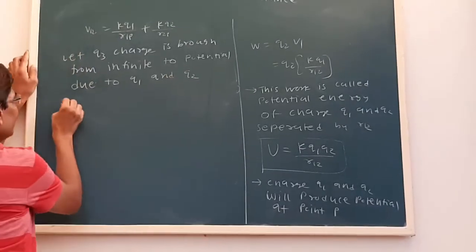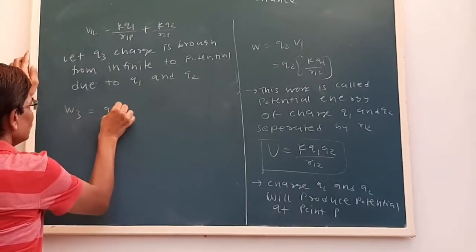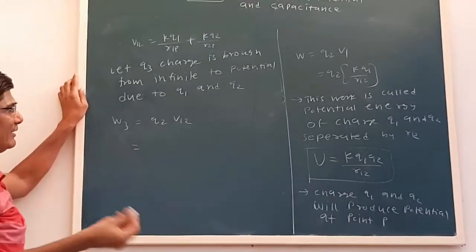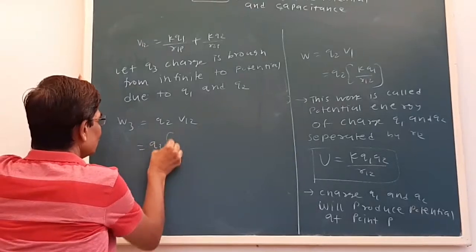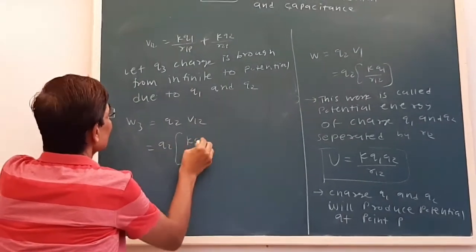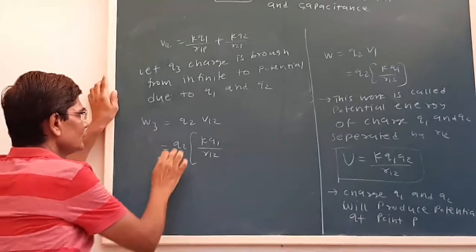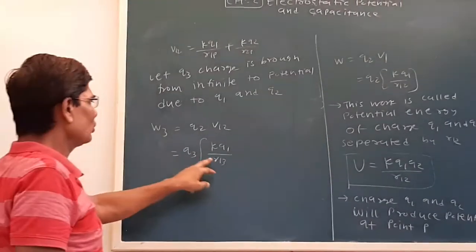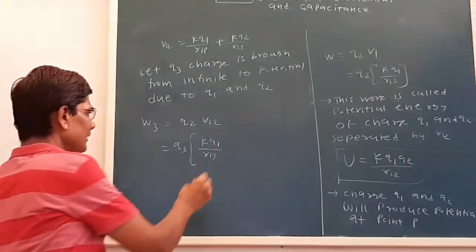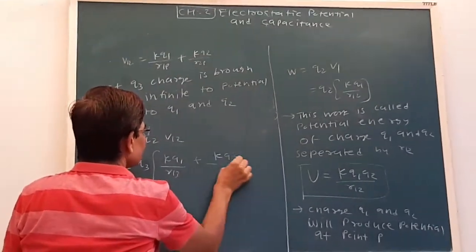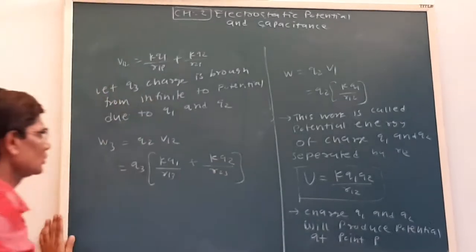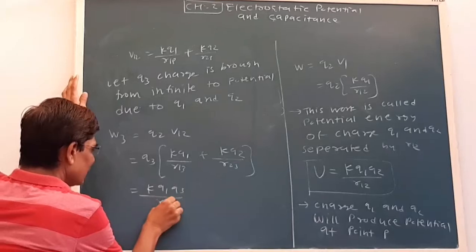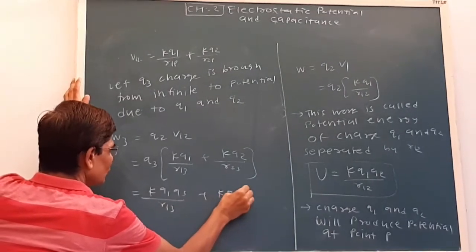Now we call this W3, which is Q3 into V12. Again we can write it in the form of distance: Q3 into KQ1 upon R13, because charge 3 will be at a distance of R13 from Q1, and so we can simplify it as KQ1Q3 upon R13 plus KQ2Q3 upon R23.